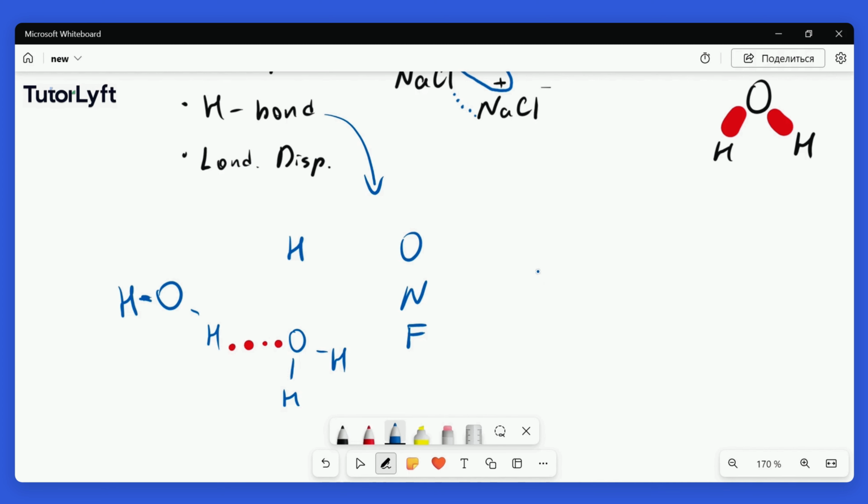Why? Because we have H and O, and as I said, a hydrogen bond can be created between those two. So again, this is one molecule, this is the second molecule. The connection between them is the hydrogen bond, or intermolecular forces in general.